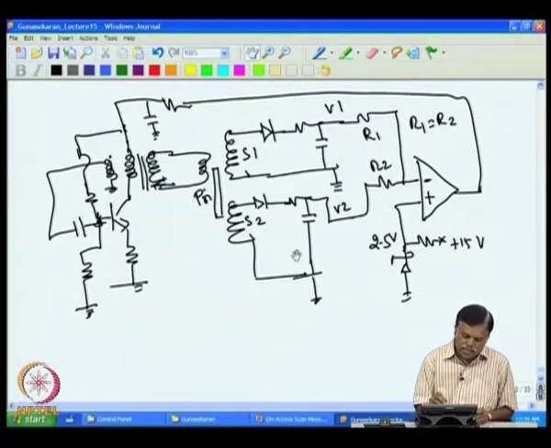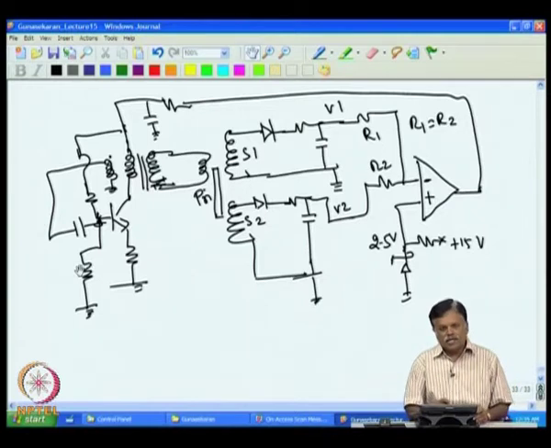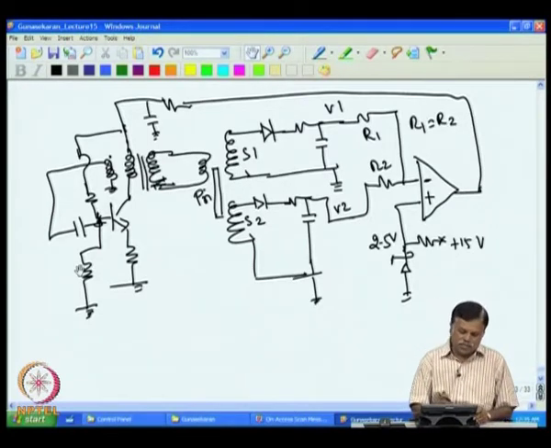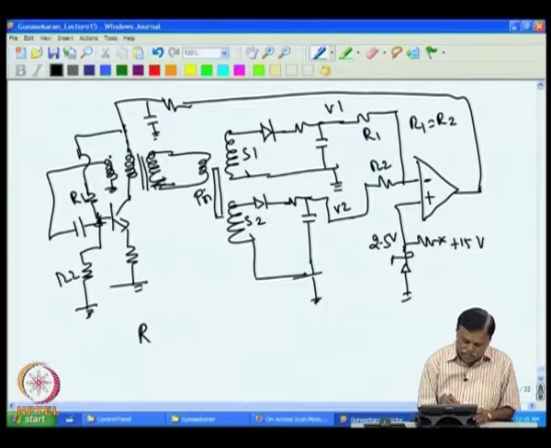Now, let us concentrate on how to design this oscillator circuit, which is a Hartley oscillator. If you see the actual circuit, you have these two resistors, R1 and R2, used for biasing.